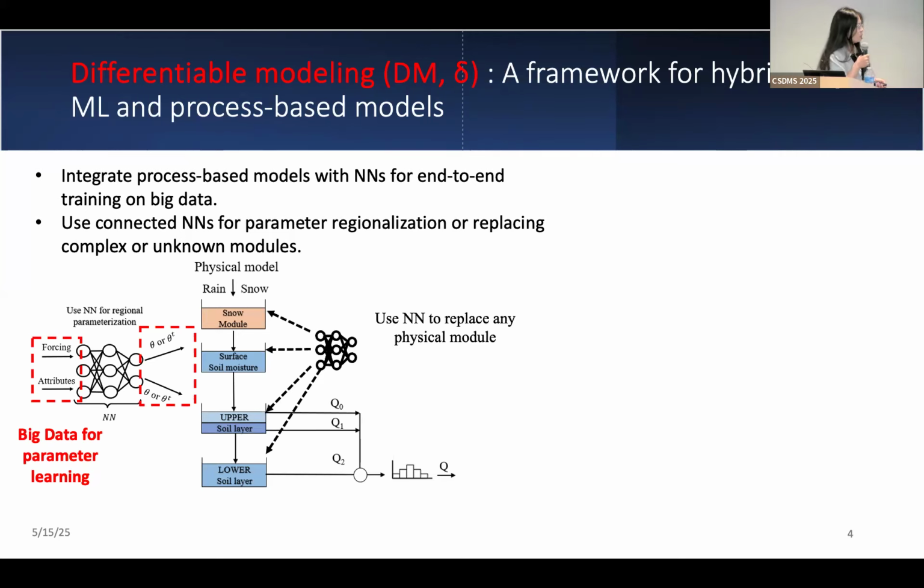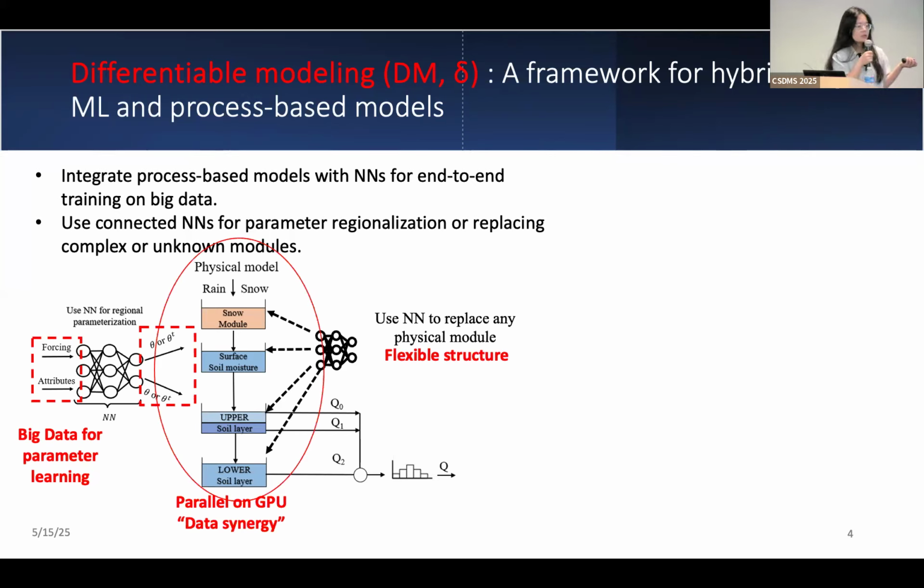Another use of the neural network in this framework is to replace those complex and unknown modules to help us with knowledge discovery. This framework is trained on the GPU, so it can learn from large-scale datasets like neural networks. Most importantly, it has a physical model embedded.